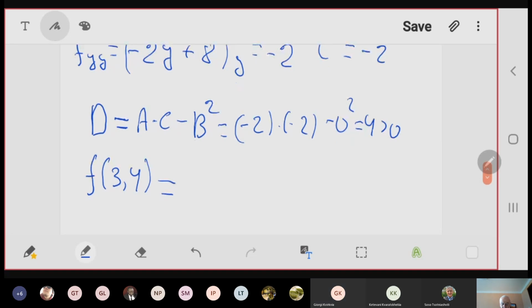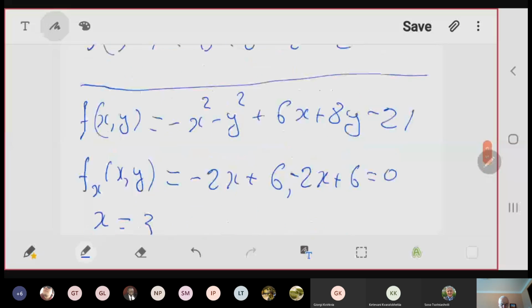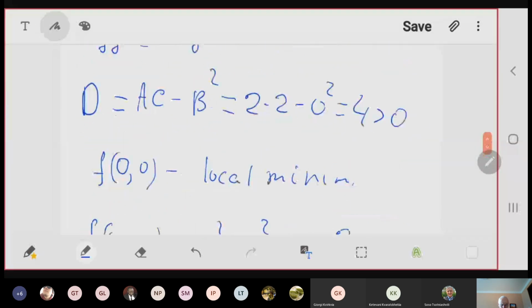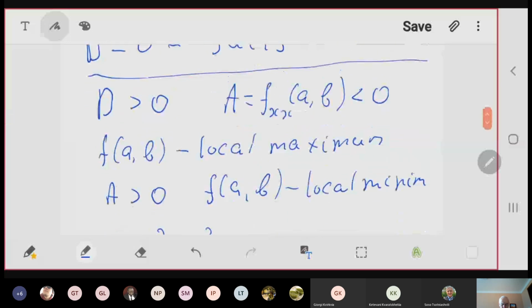So we got D is positive. Now what does it mean? Let's look back at our general algorithm. D is positive. It means that we know definitely this function has a local extremum.